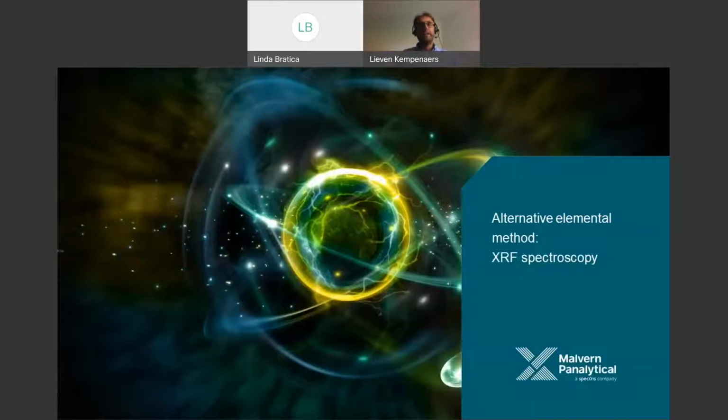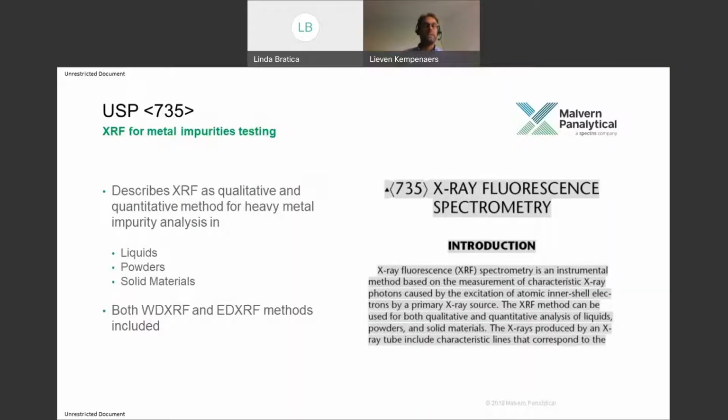I mentioned the US Pharmacopoeia chapter 735, which also mentions that alternative methods can be used for chapters 232 and 233 for the metals testing. And one of them is the XRF spectroscopy. And I just want to point it out as it also has some nice advantages to make your life easier.